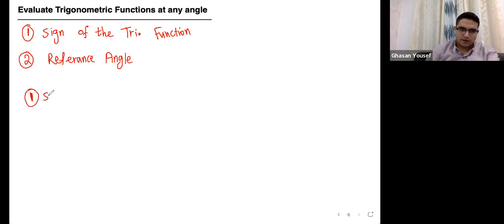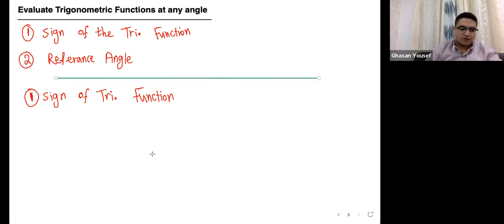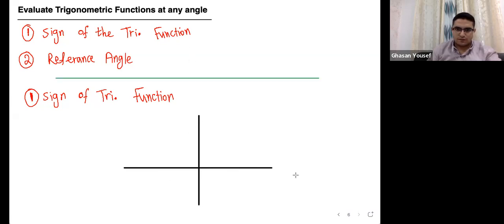This means the function is not always positive, or in the same way it is not negative all the time. So here's my Cartesian plane. You should know in the first quadrant, all functions are positive.